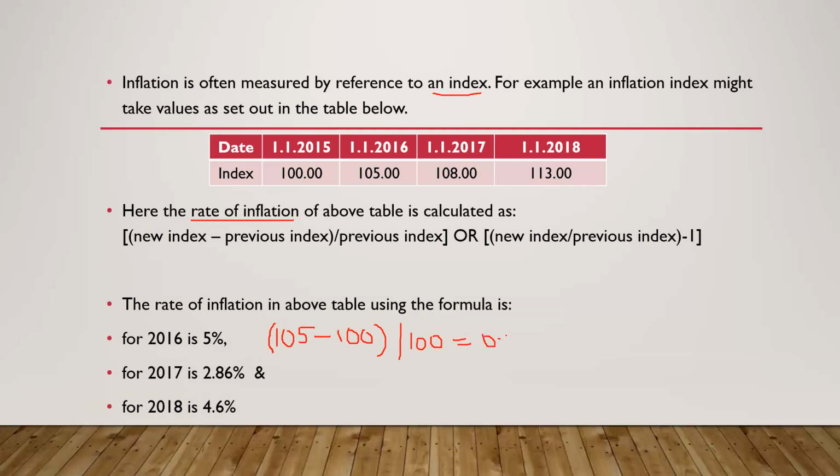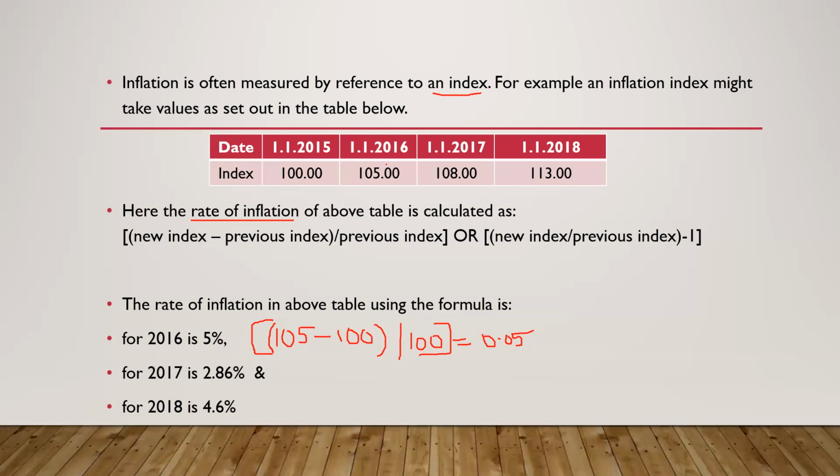If you multiply the 0.05 by 100, you will get 5%. This is the increase of the inflation rate in the year 2016. So from 2015 to 2016, the rate of inflation increase was 5%.